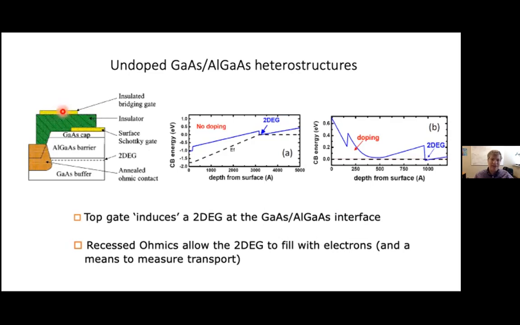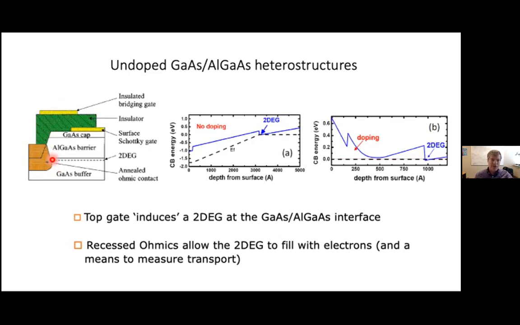So you would get a discontinuity, and the metal contact would not be continuous with the 2-DEG. So the recessed ohmics must have this particular slanted profile, which forms when the metal is annealed and diffuses laterally.